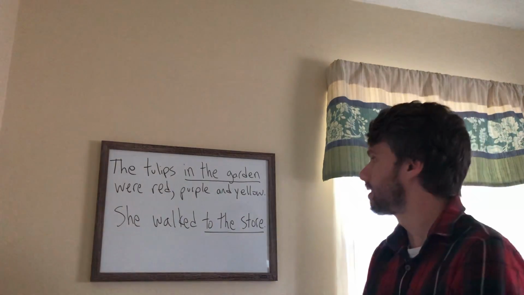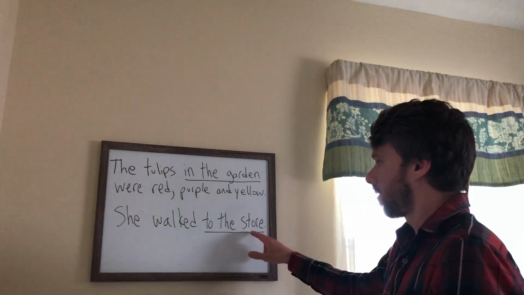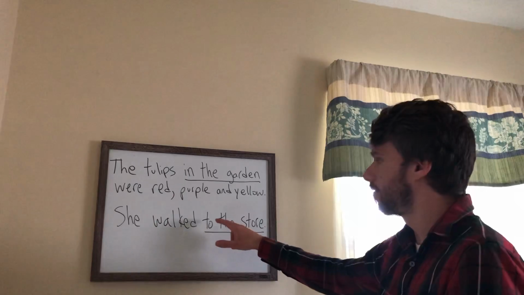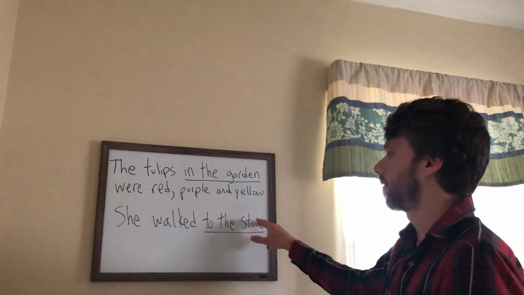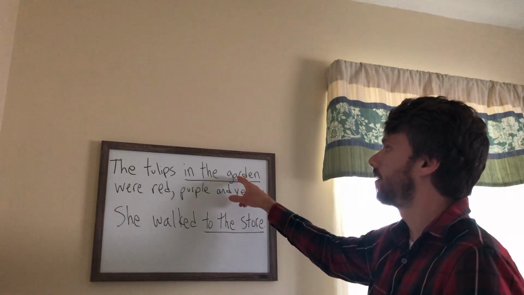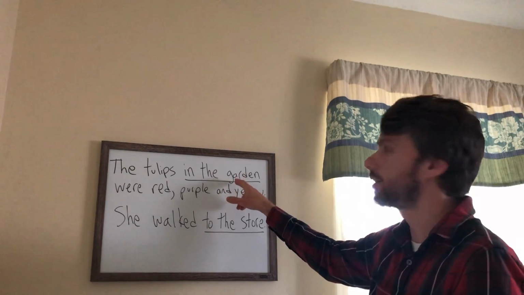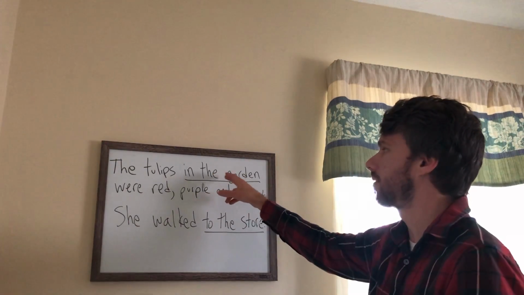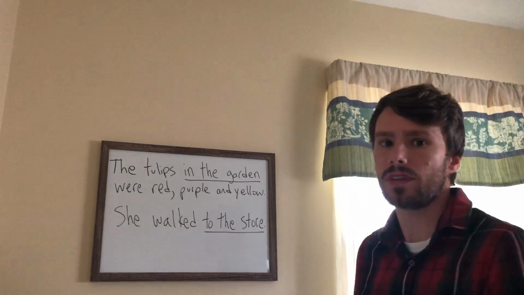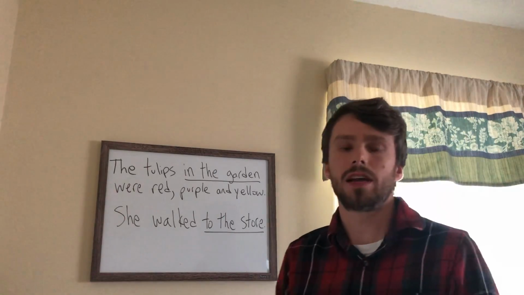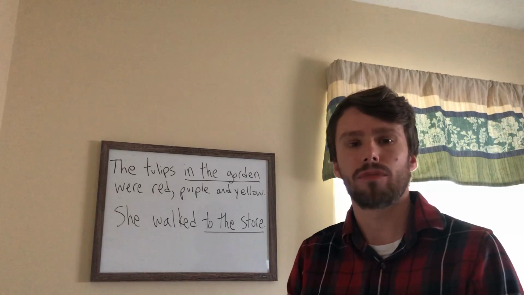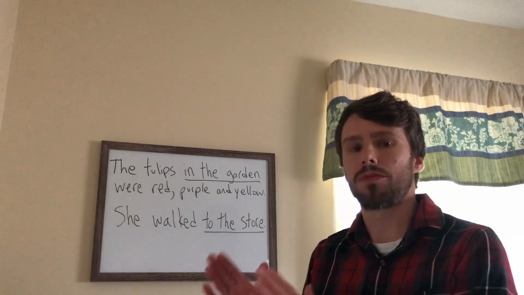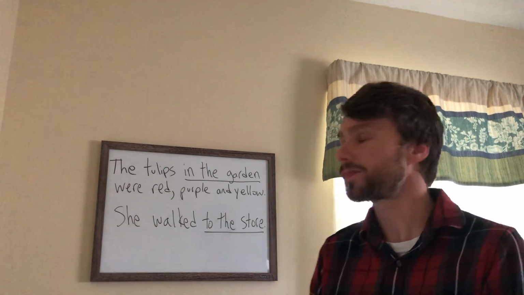So store completes the meaning of this preposition. To where? Store. Garden completes the meaning of this preposition. In where? The garden. So in most cases, it's going to be easy to find the object of the preposition. You're just going to follow that preposition to where that prepositional phrase is completed.